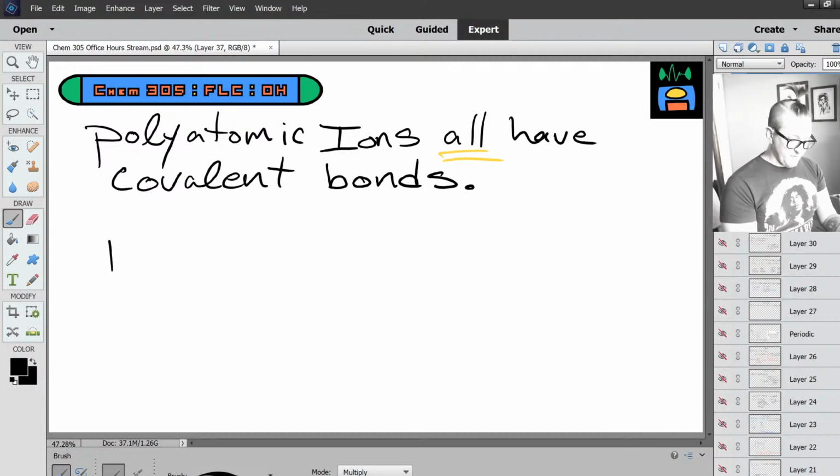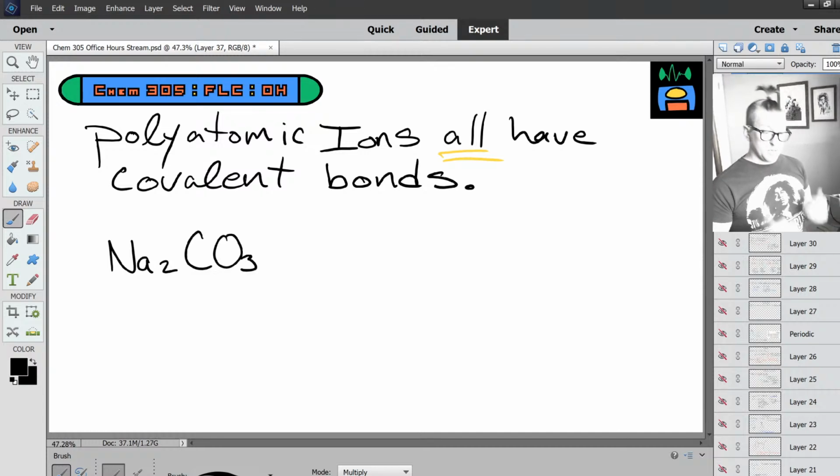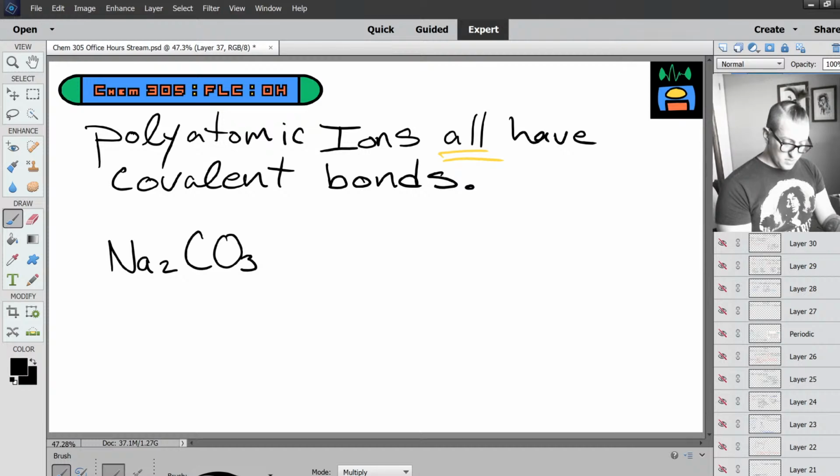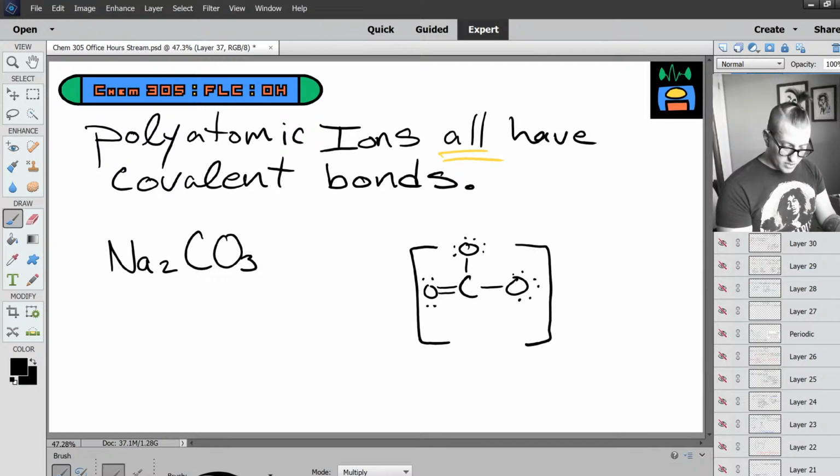So if you have a molecule like sodium carbonate, an ionic compound with a polyatomic ion, you have the ionic bond, which is the attraction between the negatively charged carbonate and the positively charged sodium cations.